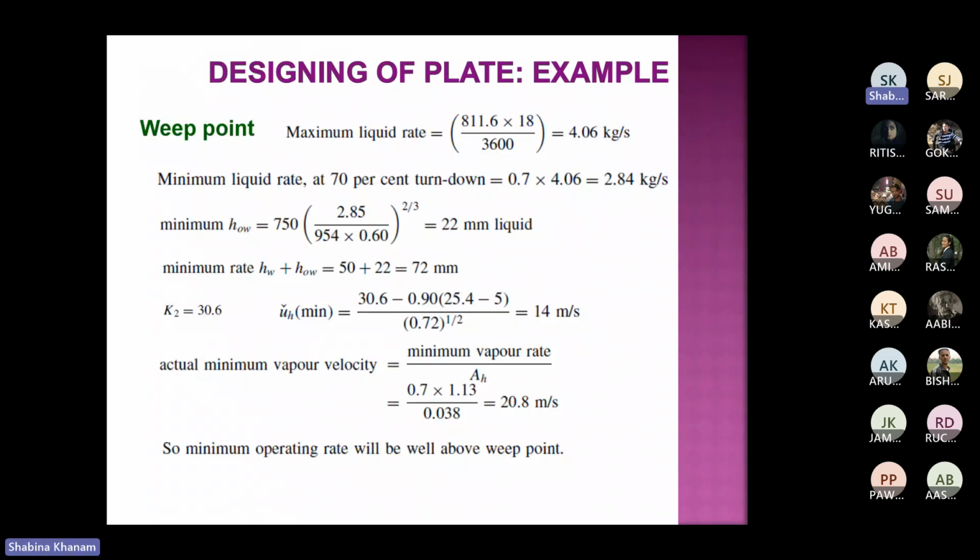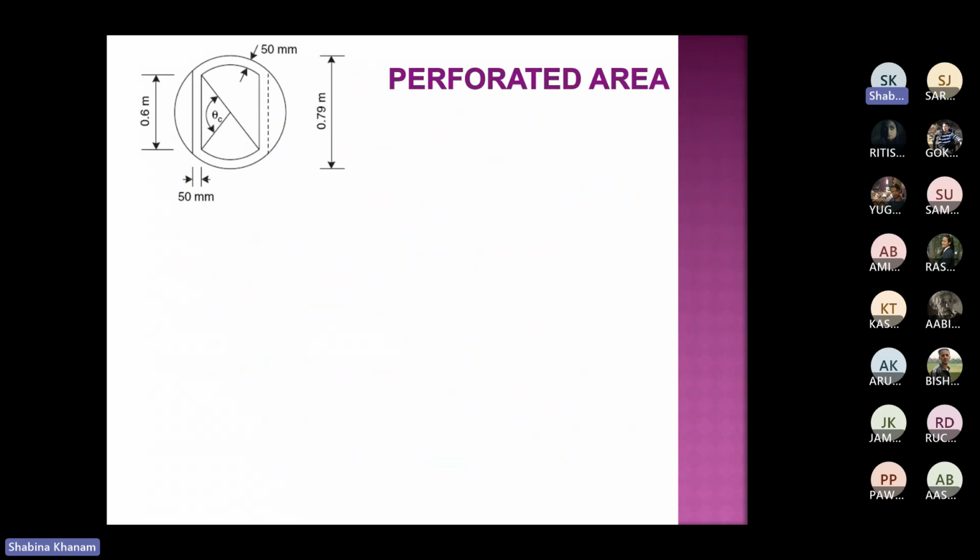So once I have this weeping condition, we will find out the perforated area, because we need to check the hole pitch. So this is the perforated area, this inner schematic.